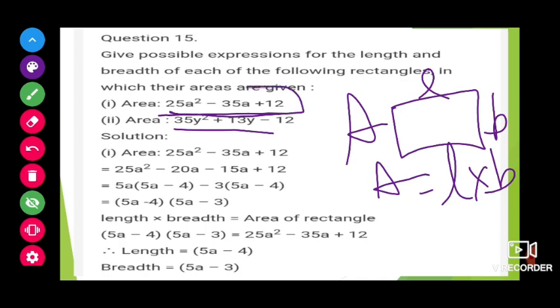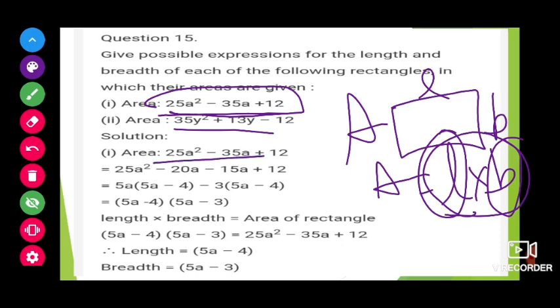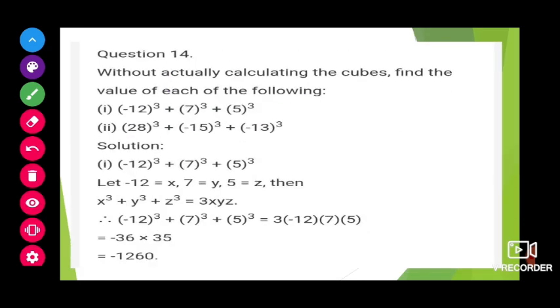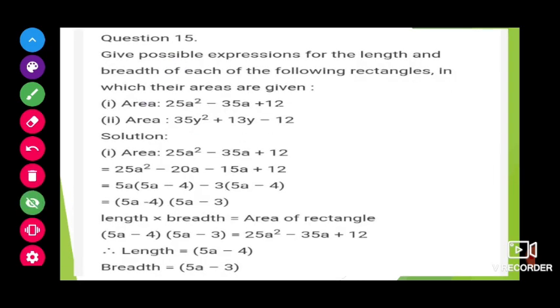If we can write the given expression as a multiplication of two expressions, then one expression we can take as length and the other as breadth. So what we have to do here is factorization: the given expression we have to show as a multiplication of two expressions.